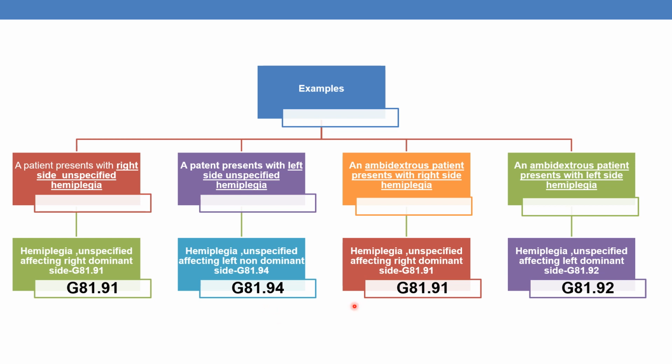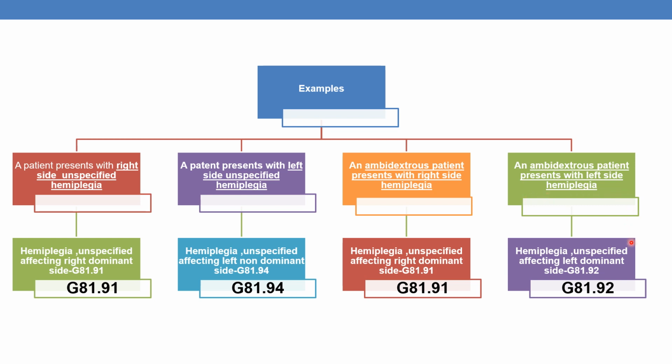Next case, we'll see an ambidextrous patient. An ambidextrous patient presents with right-sided hemiplegia. For an ambidextrous patient, for both sides you need to code dominant only. So for right-sided hemiplegia, you need to code hemiplegia unspecified affecting right dominant side, G81.91. And next case, an ambidextrous patient presents with left side hemiplegia.